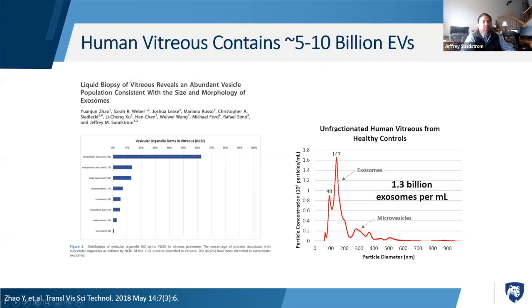There are about 4 to 4.5 mLs of vitreous in the human eye, so each eye has somewhere between 5 and 10 billion EVs. The cell source and function of these EVs is yet to be determined. We were one of the first groups to comprehensively identify, quantify, and determine the size distribution of these vesicles in human vitreous.